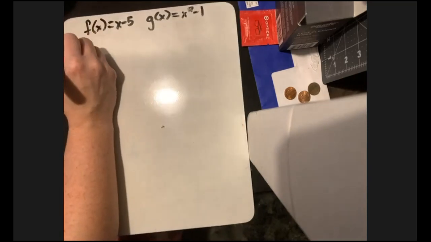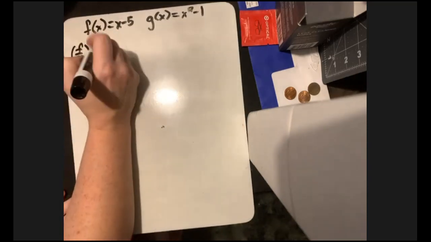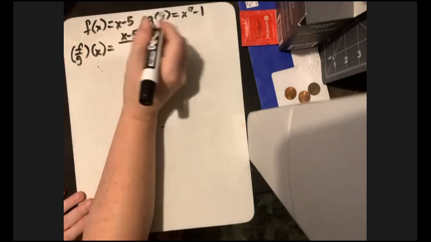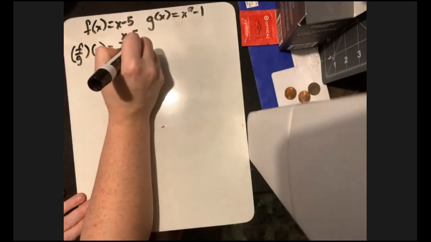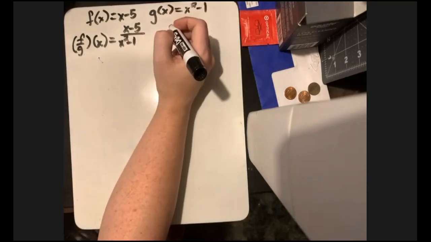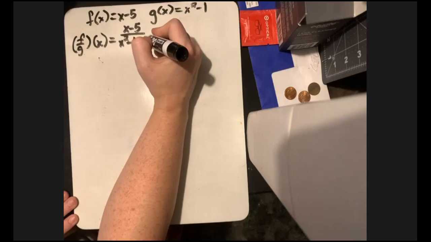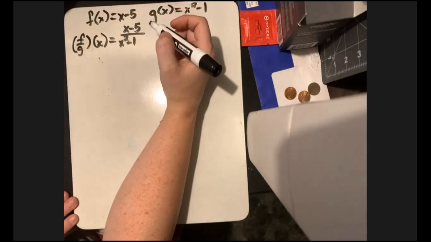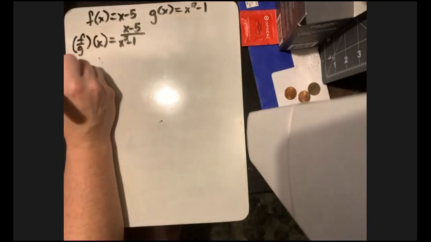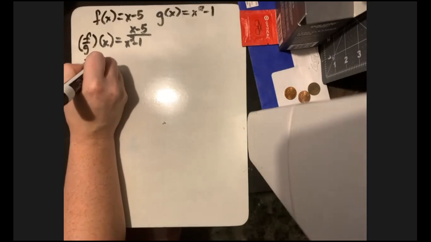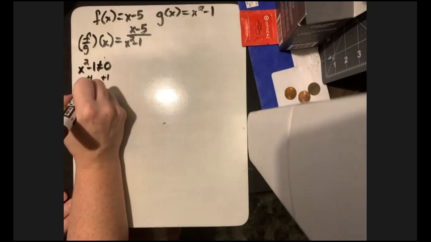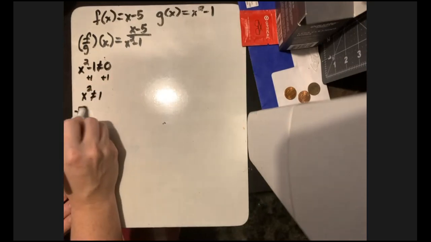So if I'm going to do F over G, then I'm going to do x minus 5 over x squared minus 1. Okay. Now, we do have the stipulation in this one, and we already see it happening here. I do now have a fraction, so I've got to make sure that my denominator, the x squared minus 1, is not allowed to be 0. So x squared minus 1 can't be 0. We'll add that 1, and take a square root.